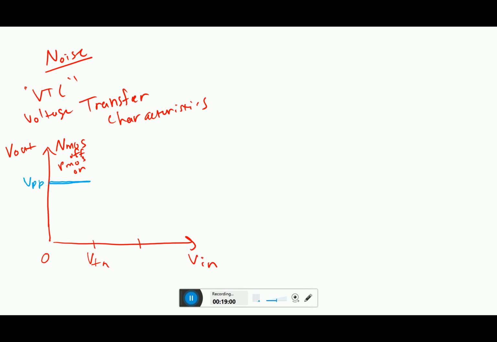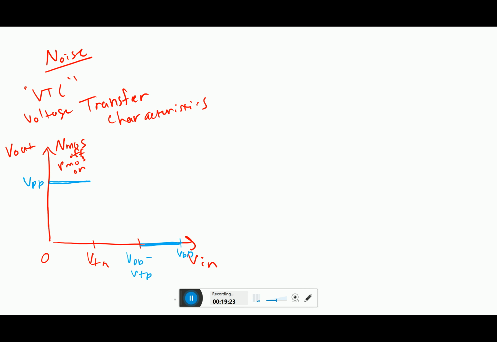And then similarly, on the higher side, when we have VDD minus VTP up to VDD, Vout is equal to 0. Okay, this is the region where the NMOS is on and the PMOS is off.